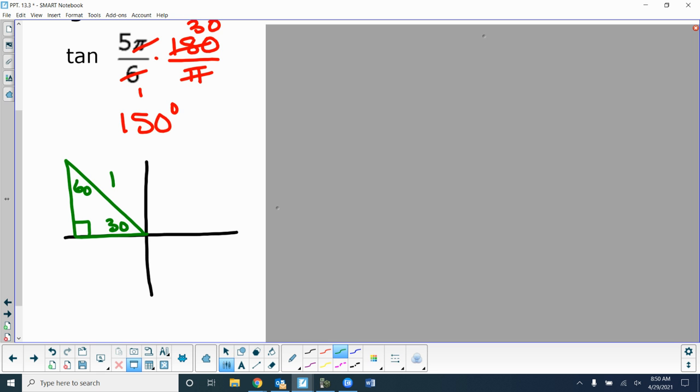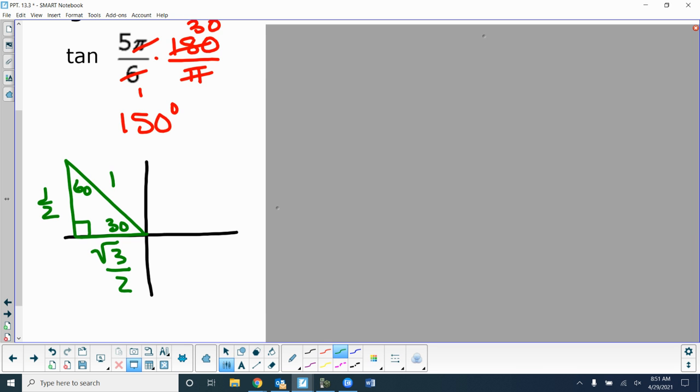This is double, right? So what's double of 1? 1/2, right? Or divide by 2. What do you do to the short leg to get the long leg? Multiply by radical 3. What's 1 times radical 3? Radical 3. You just put it over 2 then, right?